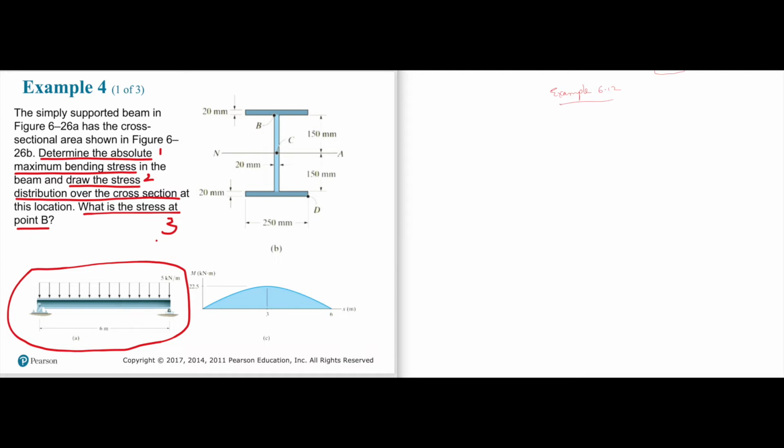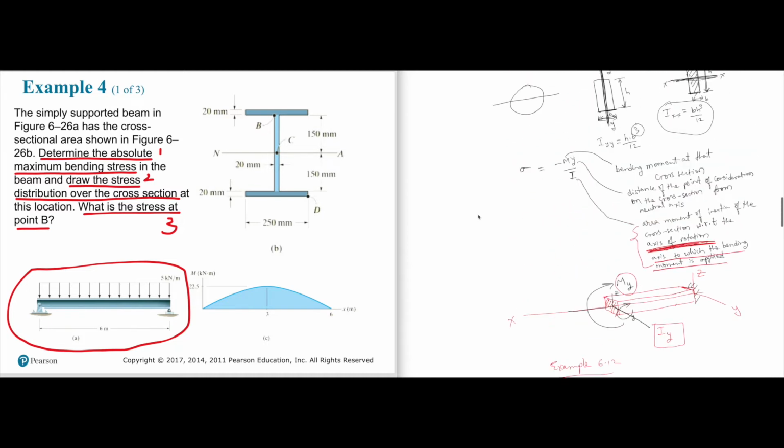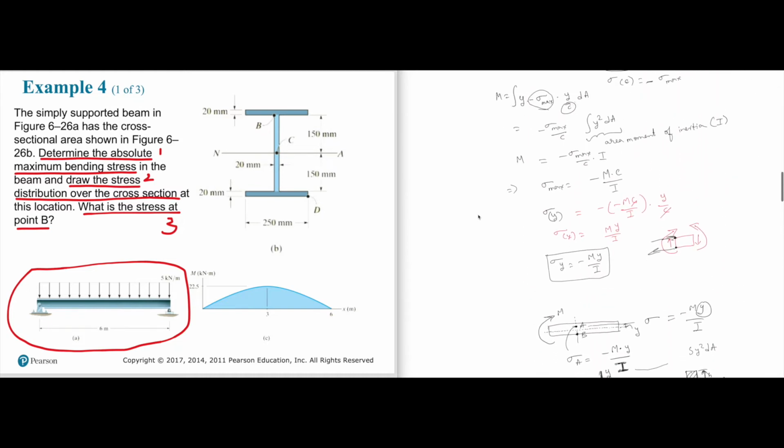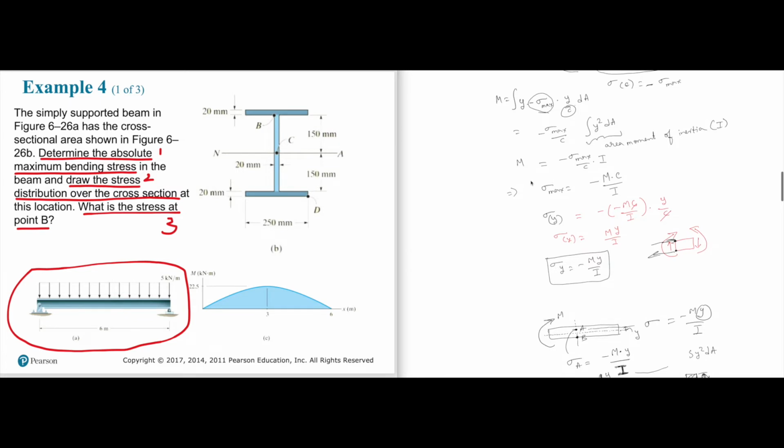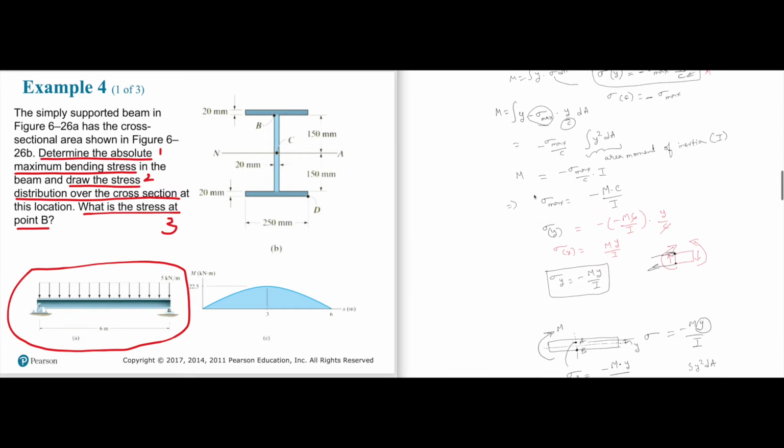Determine the absolute maximum bending stress. Do you know what a maximum bending stress is? We know that the maximum bending stress is My over I, where you replace y with the outermost radius, isn't it?